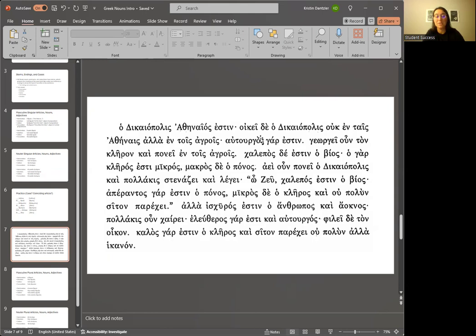I'll give that away right now. There are no genitive or datives in this. There's only nominative and accusative. And there's only masculine. That'll help you out big time.